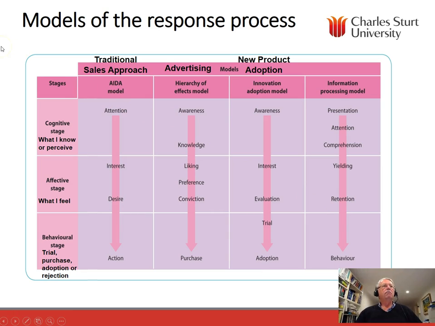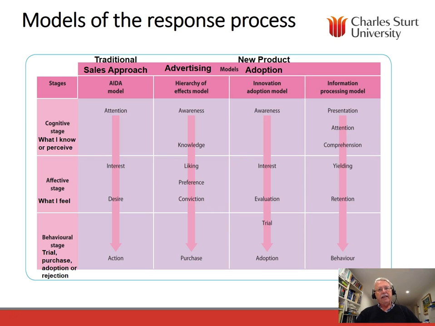We have a look at the models of the response process. So the traditional sales approach, or AIDA model, goes through these 3 major stages. First of all, there's the cognitive stage, what I know or perceive; the affective stage, what people feel; and the behavioural stage. Now, behaviour can be trial, purchase, adoption, or rejection.